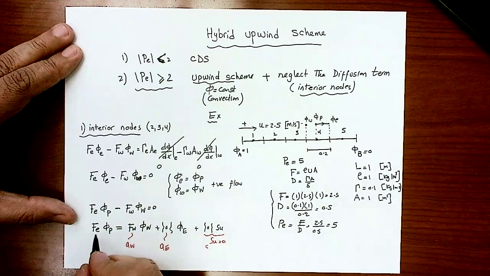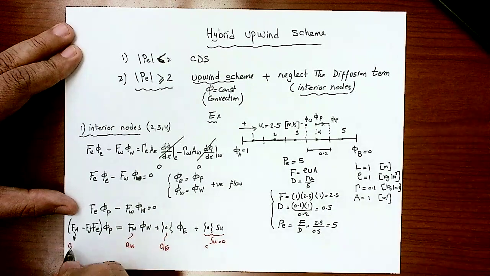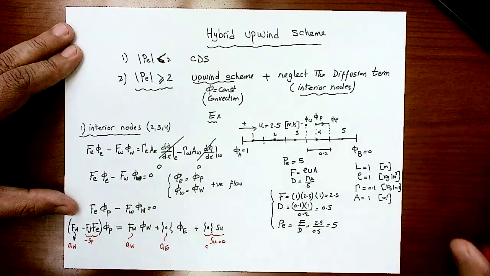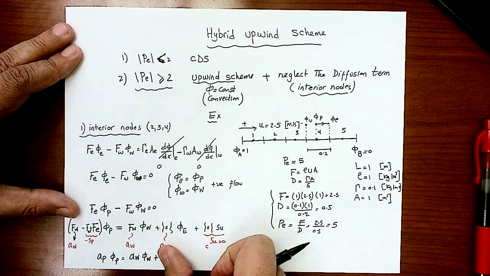Then for this term, I will add F west minus F west. So now this is A west, and this will be the minus SP, and I know that for mass conservation, F east and F west will be the same, so this will actually cancel out. But let's list the coefficients here. I will have AP phi P equal A west phi west plus 0 phi east plus 0. If you want to just write up to here, that's fine too.